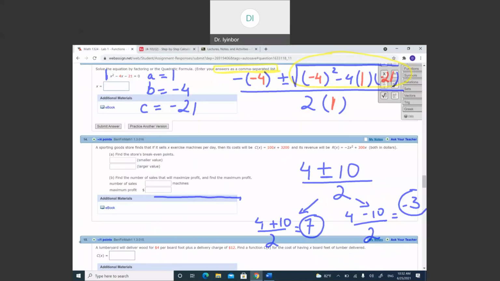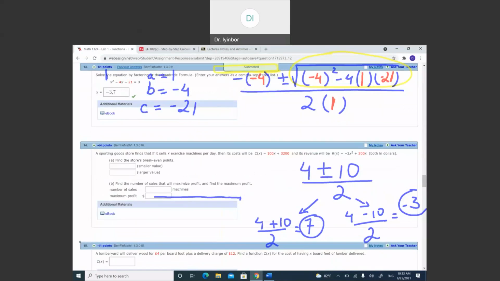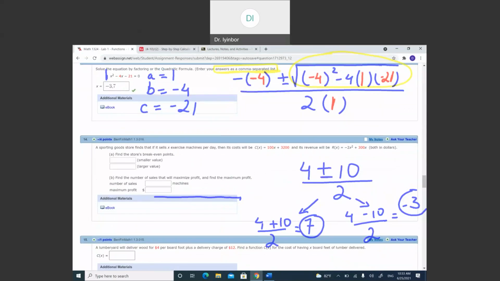I can just put negative 3 first, comma, 7. Or backwards, it's still going to be the same. 7, comma, negative 3 is still the same answer. It's going to accept both. So that's how you solve this quadratic equation using the quadratic formula. Okay? And use your calculator to help you out.